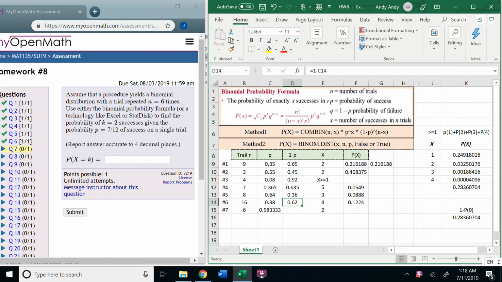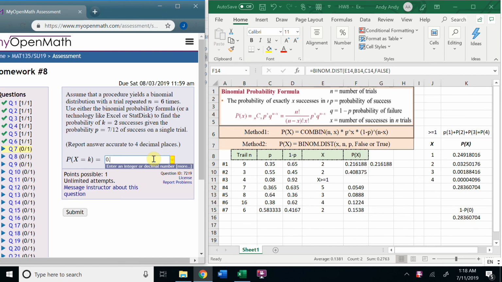And we could directly get 1 minus p, and we get the probability, 0.1538.